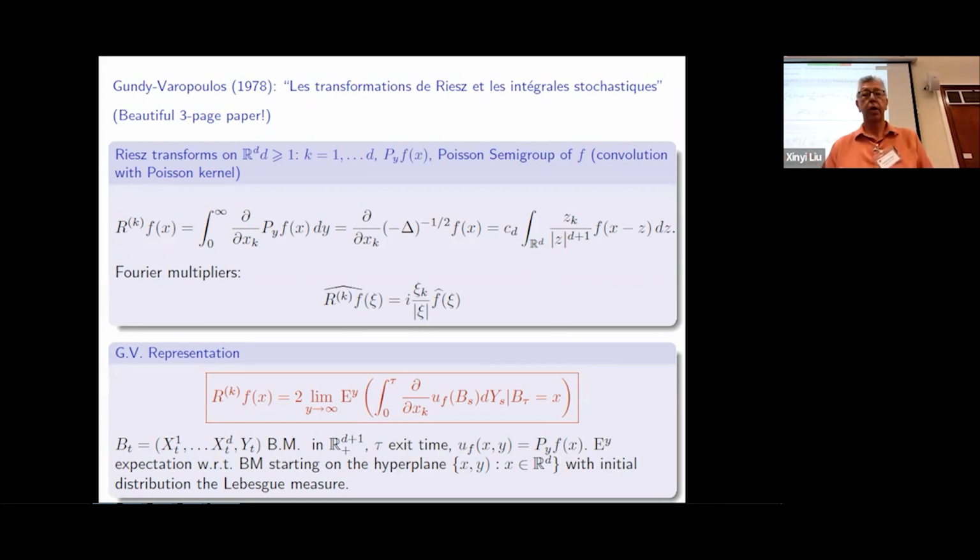And so the Gundy-Varopoulos representation says that if you look at Brownian motion in the upper half space, where x is the horizontal axis and y is the vertical component, then the Riesz transform can be written as a conditional expectation of these operators with respect to a certain measure that you construct with a certain initial distribution.